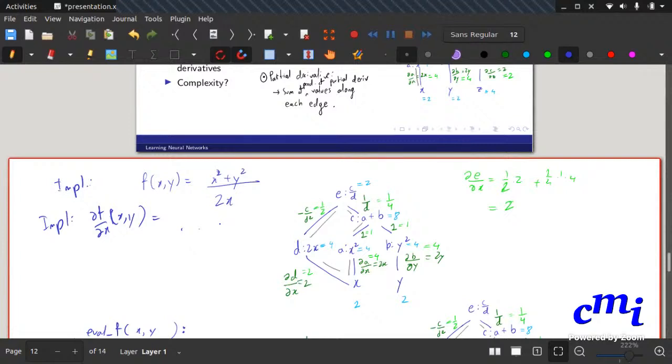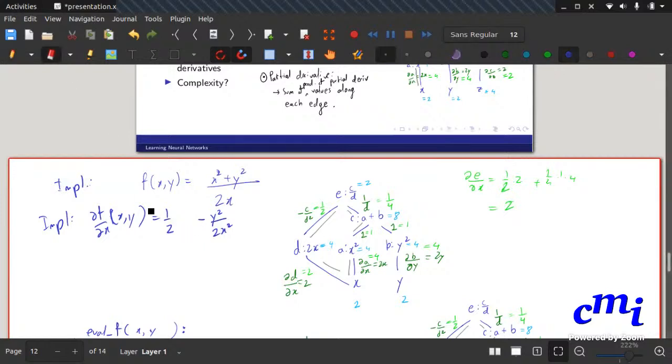In this case, the expression would come out to be something like half plus y by x squared, so y squared by 2x, minus y squared by 2x squared, right?